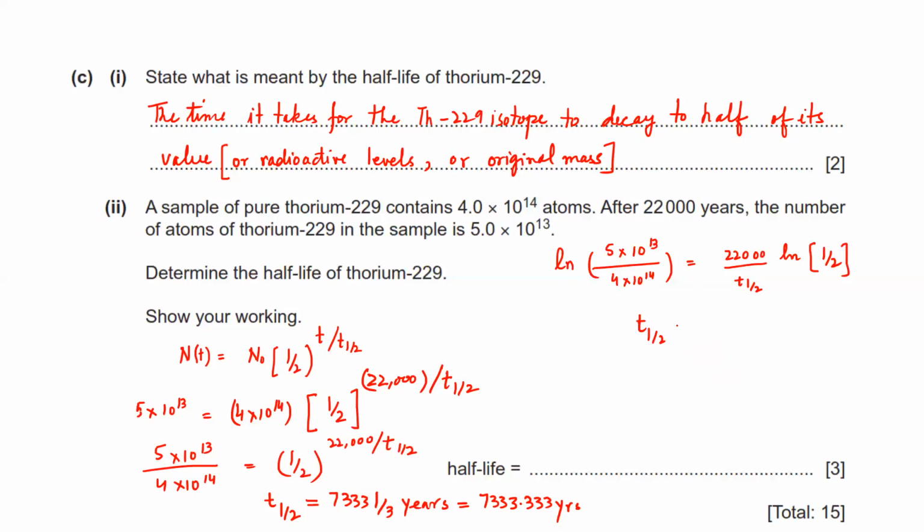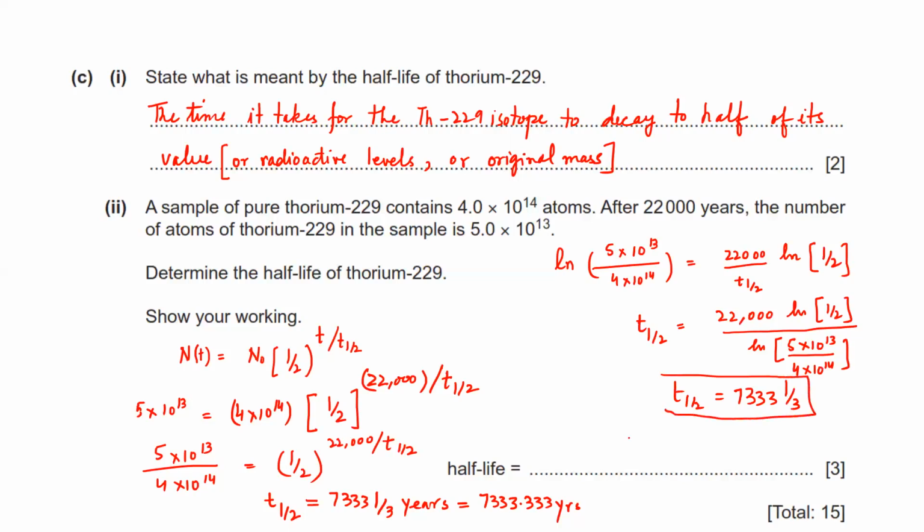So t half is 22,000 times natural log of 1 by 2 divided by natural log of 5 into 10 to power 13 divided by 4 into 10 to power 14. If you solve this, the half-life is equal to 7333.333 years.